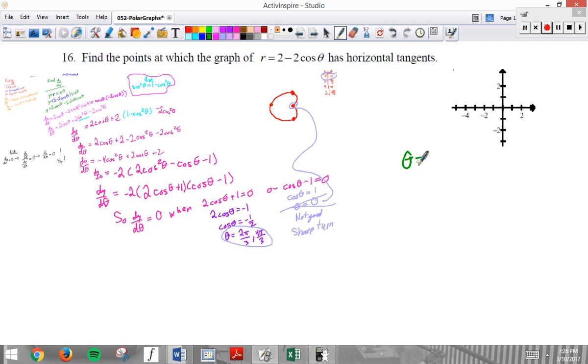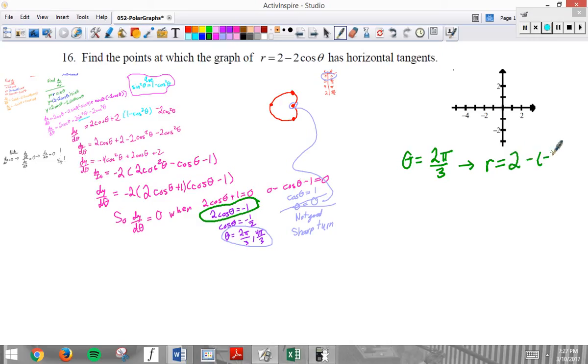Theta equals 2 pi over 3 would give me r equals 2 minus 2 cosine of 2 pi over 3. Guess what? At 2 pi over 3, we already figured out 2 cosine of theta equals negative 1.